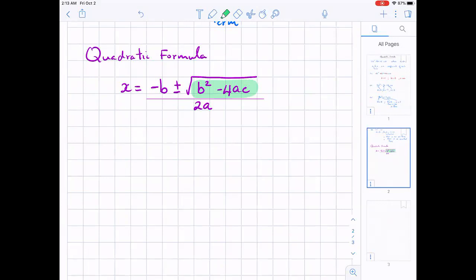When it's 0, you'll notice by working through problems that you'll only have one solution. As I said before, the quadratic formula is just a simplified way or a shortcut to solving quadratic equations when they cannot be factored or when they're not easily factored.